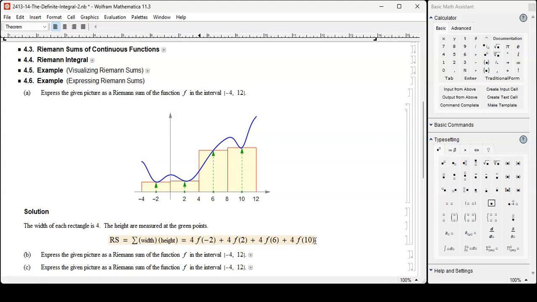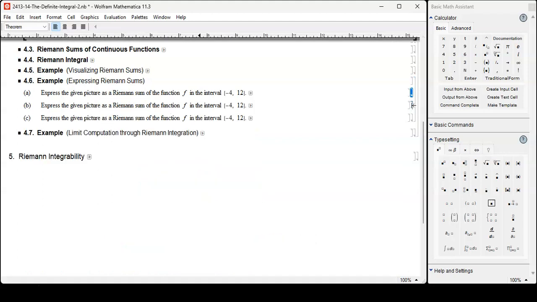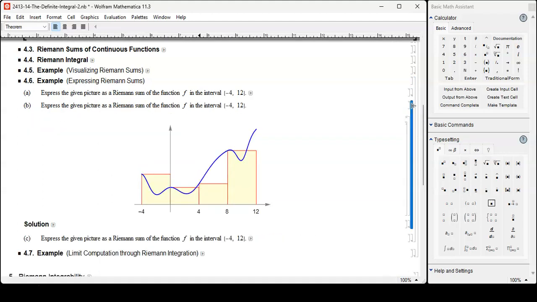Okay, now that you saw an example, do this one on your own. Stop the playback and do this one on your own. Did you get it? What's the interval width? -4 to 0, 0 to 4, 4 to 8, 8 to 12. Okay, all right, width is 4 all the way.